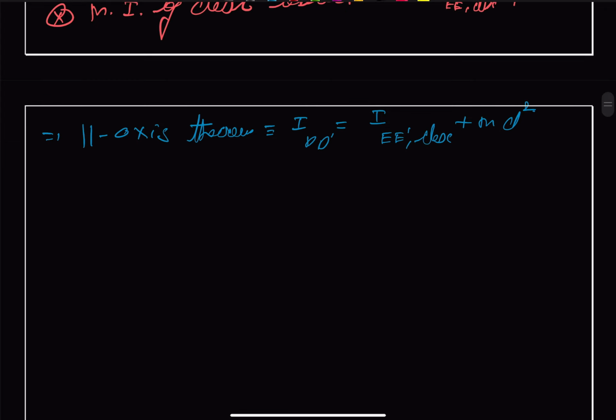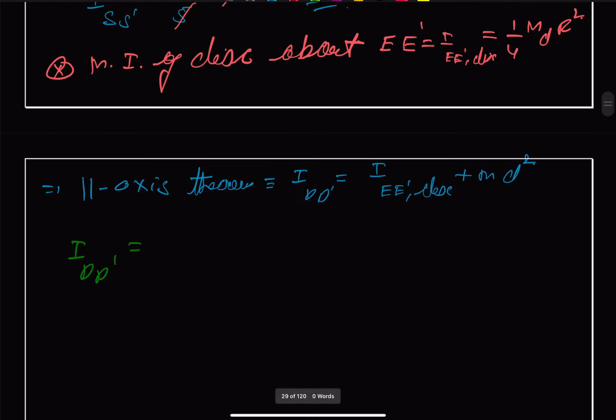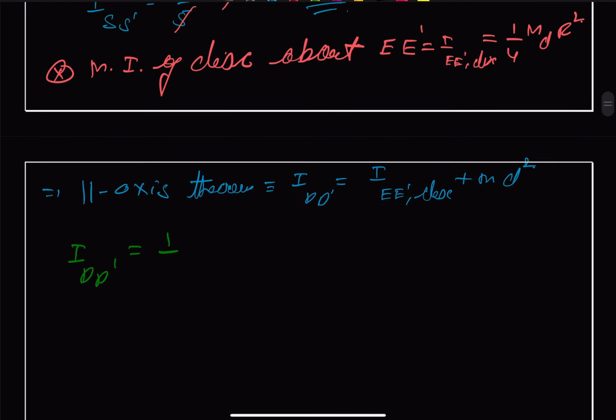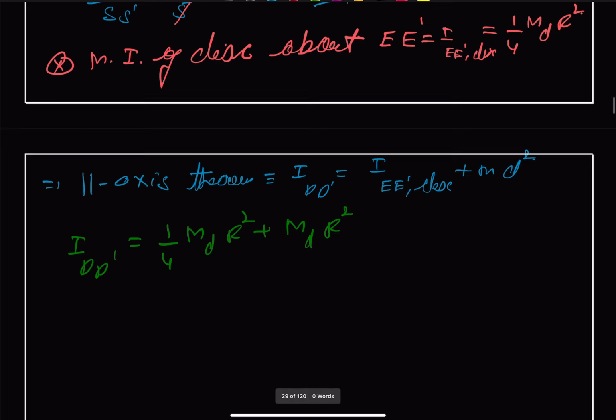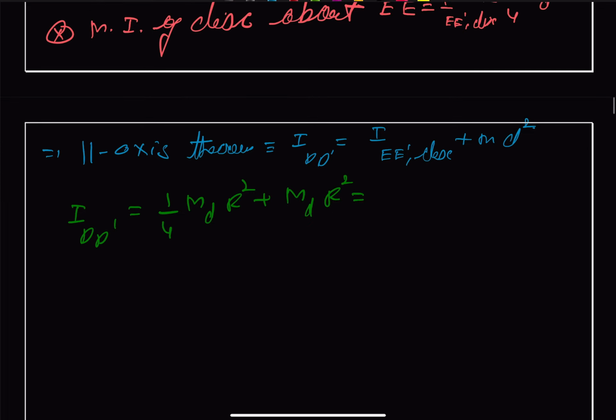Therefore we get that our I D prime will be equal to 1 by 4 mass of the disk r square plus mass of the disk r square, and this comes as 5/4 mass of the disk r square.